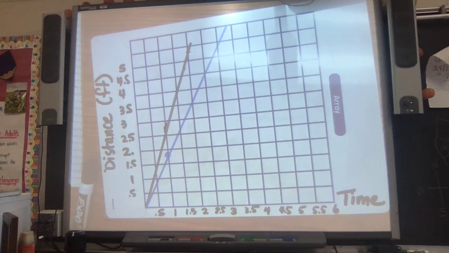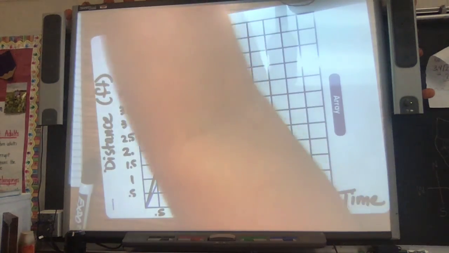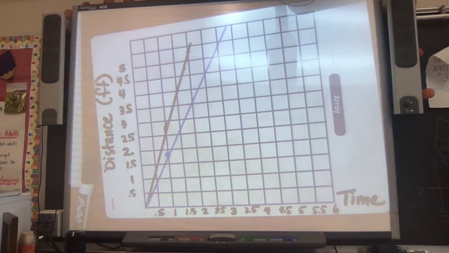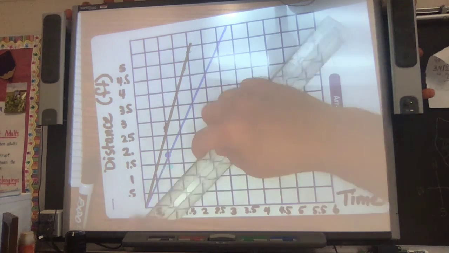Okay, and then our last one, let's see if I have another color handy. Yes, I have green, very good. Okay, so our last one is going to go 1.47 feet per second. Well, that's just shy of 1.5. So we're going to mark it right there.